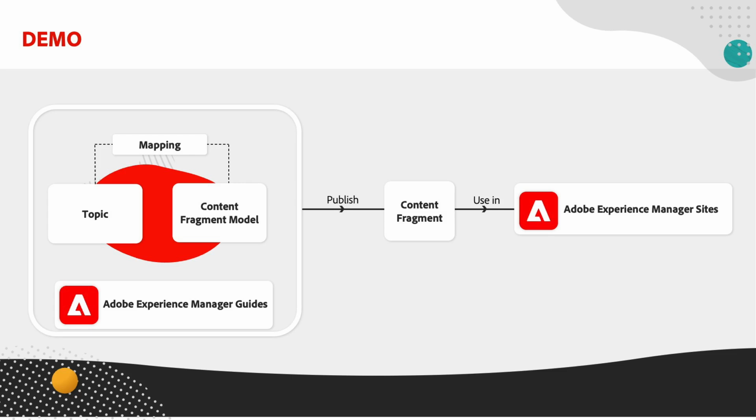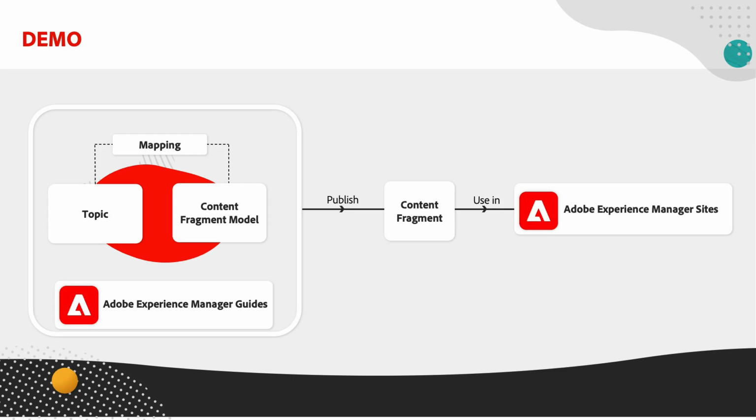Then the last bit, as Dhilip pointed out when he showcased a few sample websites, is the actual AEM site. So in your organization, let's say a marketing team is managing that website, or a brand team is managing that particular AEM site. The content fragment which has been published via guides can be reused in any of the AEM sites which your company or your organization is using.